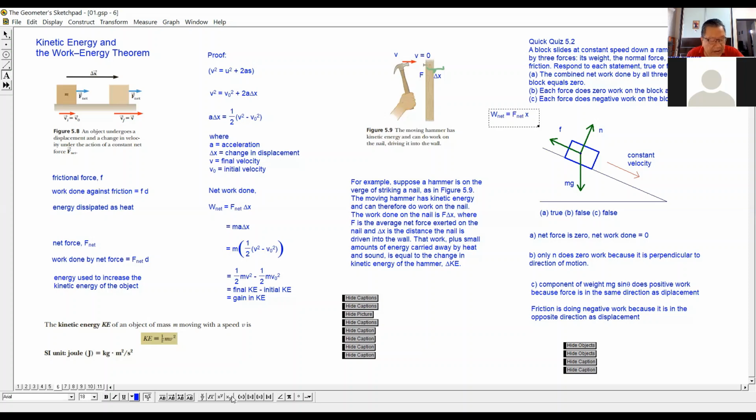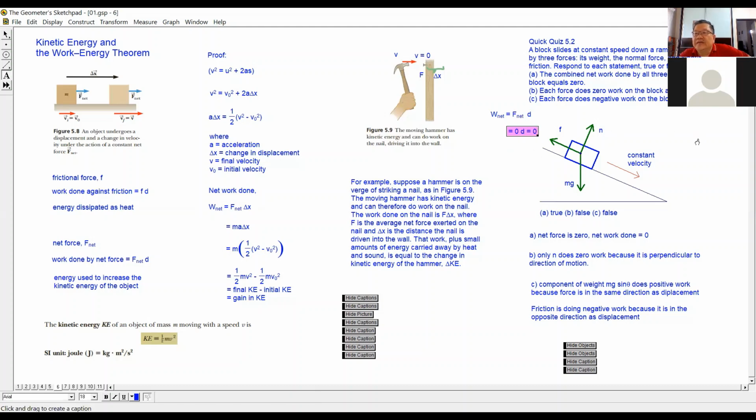We call it d. So when the net force is zero, the net work done will also be zero, because the net force is zero, multiplied by d, the answer is also zero.